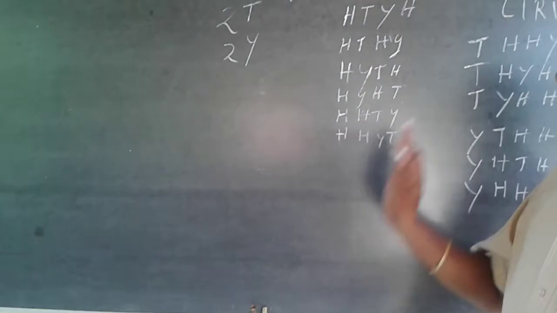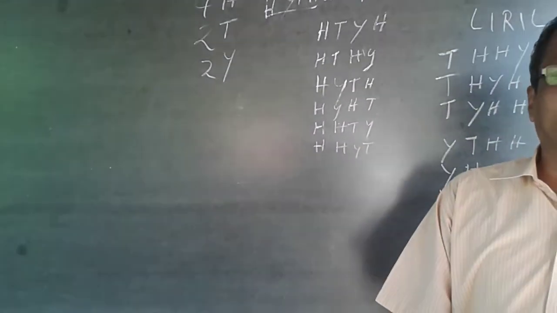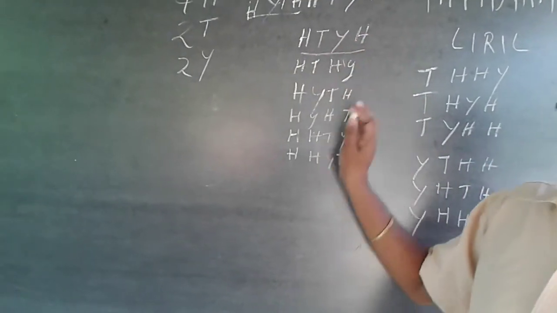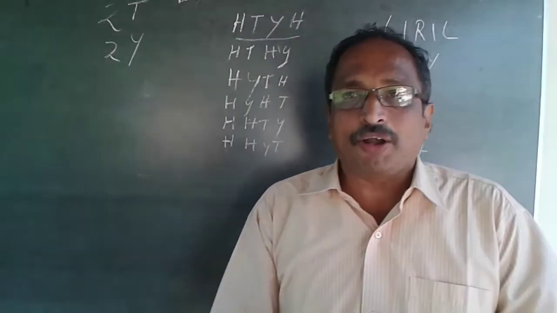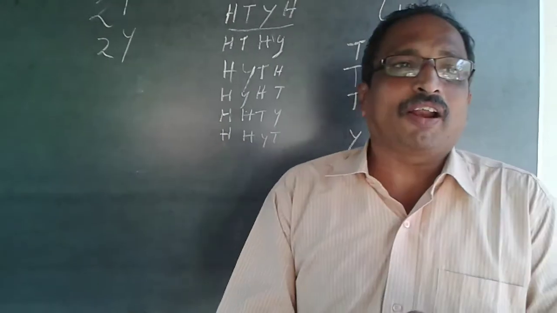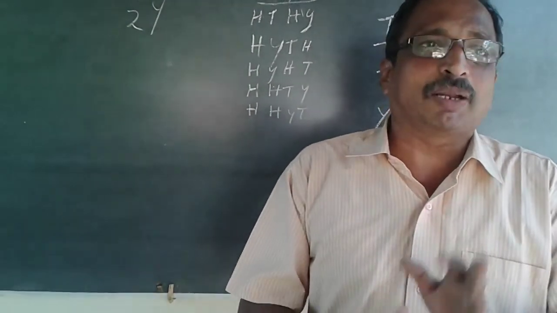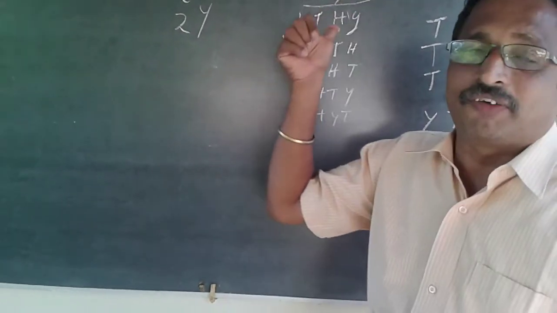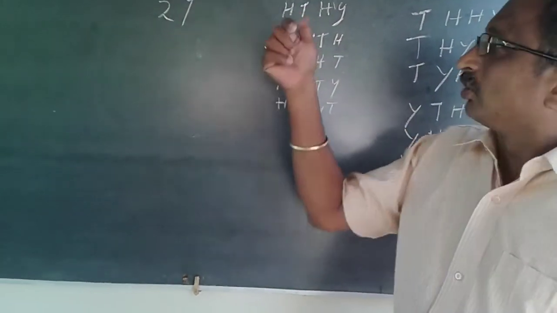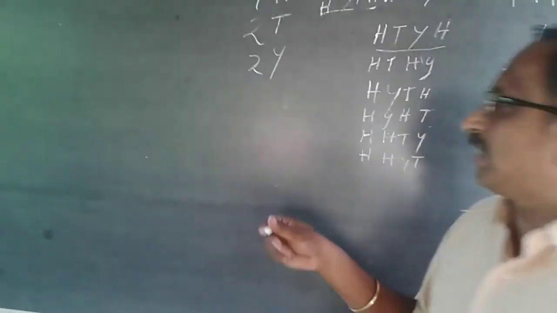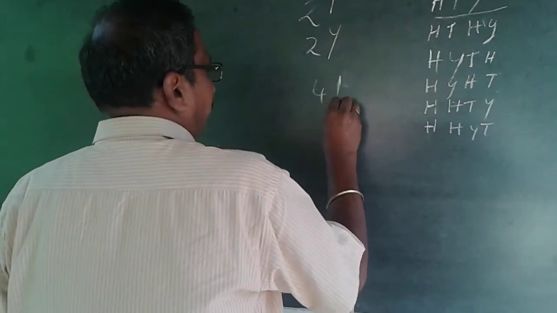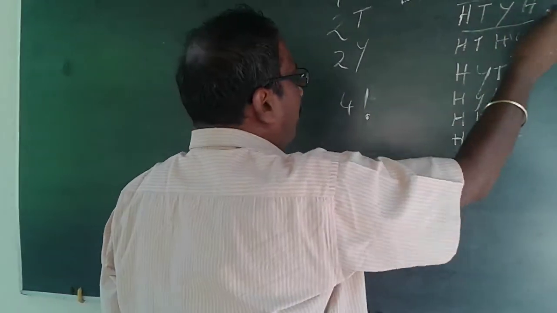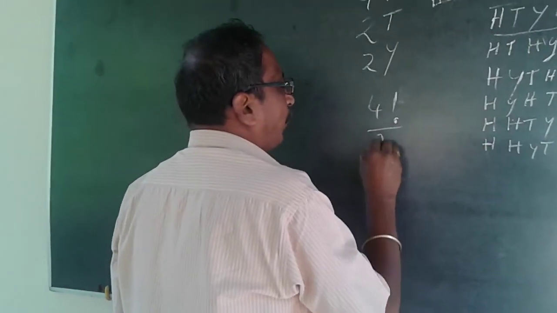But you don't have to honestly work it out like this. When you see here, H, T, Y, H are 4 alphabets. Whenever I have 4 different alphabets, it will be 4 factorial. But here, these 4 alphabets are not all different. So it is 4 factorial, but this H and this H are common, so you have to divide by 2 factorial.